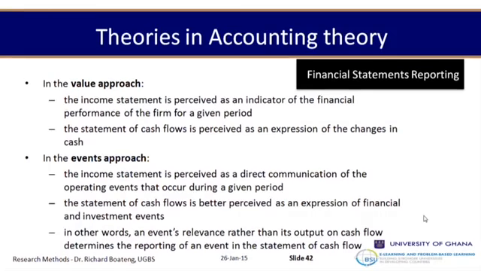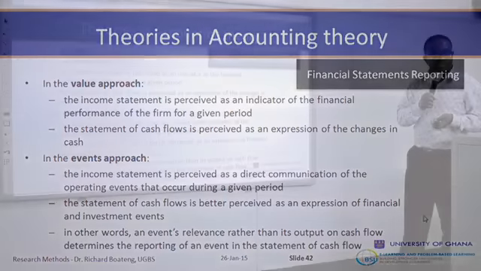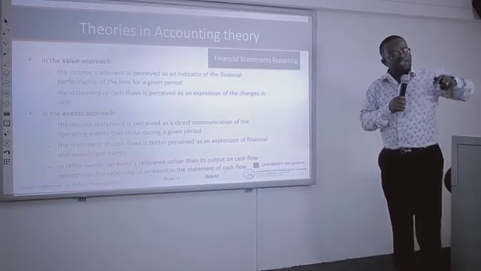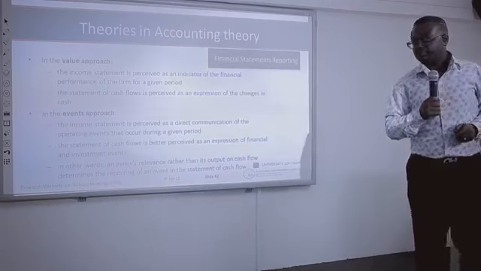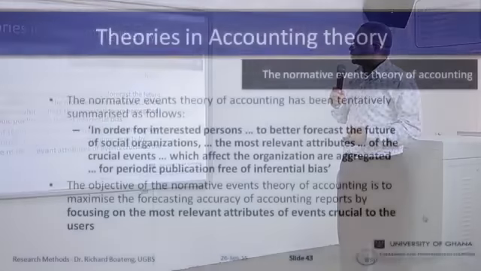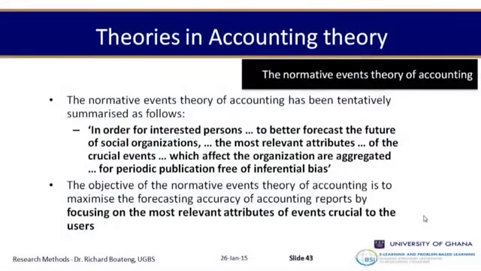So if the event is not relevant, it may not show on the financial statement, not more about its impact on the cash flow. Then there is the monomotive events theory of accounting, which is also quite different, and quite a number of accounting students also come across it.